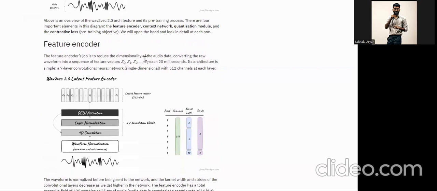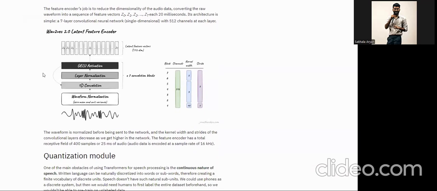Basically, what they are saying is they have divided the audio into 20 millisecond fragments, and then they have created a 7-layer convolutional neural network with 512 channels, and this is their architecture. The waveform is normalized, and after normalizing it, flattening is done, and there are 7 convolution blocks, which give me these latent feature vectors.